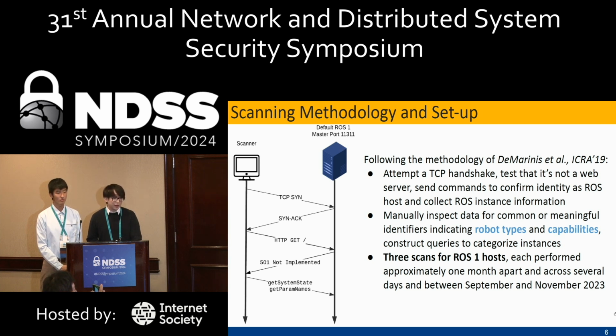We then manually inspect the collected data for common and meaningful identifiers indicating information about robot types and capabilities, and use that to construct queries that we can use to automatically categorize our scanned ROS instances. In total, as with Demarinis et al., we performed 3 scans for ROS1 hosts, each performed approximately 1 month apart and also across several days, between the months of September and November of 2023.